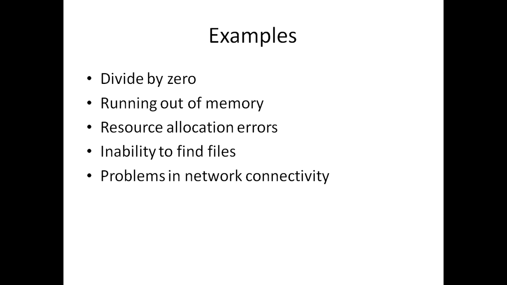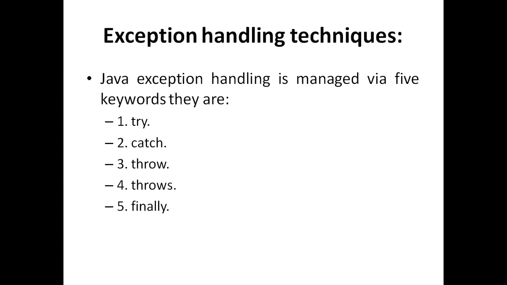Examples of exceptions or runtime errors are divide by 0. If you divide any element by 0, it gives the value as infinity. So that is an example of a runtime error. Others are running out of memory, resource allocation errors, inability to find files, problems in network connectivity. So all these examples are nothing but exceptions or runtime errors.